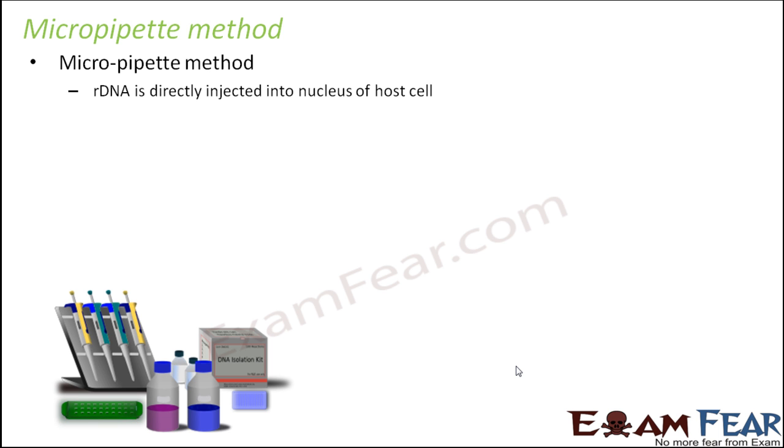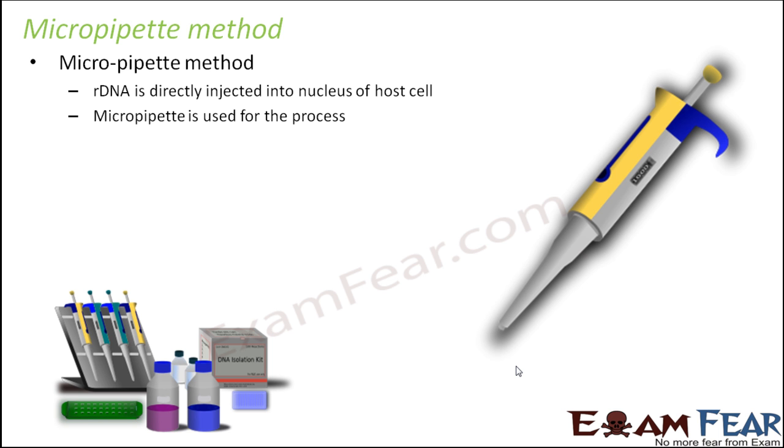In this case, you have a pipette which will directly inject the DNA into the nucleus of the host cell. So a micropipette is used for this purpose. Here you can see how a micropipette looks. It is almost like an injection, the way you put it inside and it gets directly inside your body. That is how the concept of micropipette works.